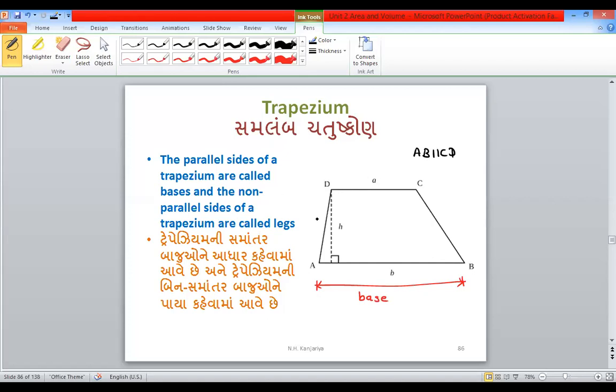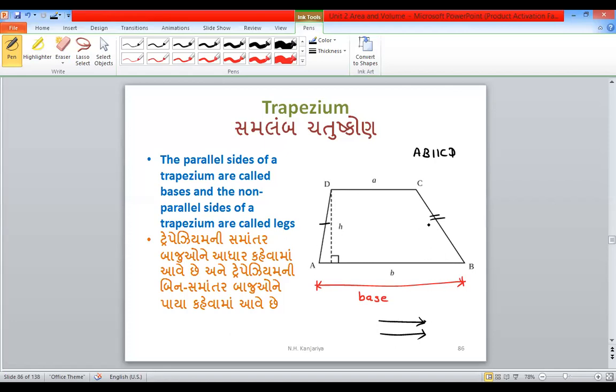Second, these sides are not parallel. Parallel means like a railway track, the lines of a railway platform are parallel lines. Look here, this is not like a railway track; these two lines are not parallel.